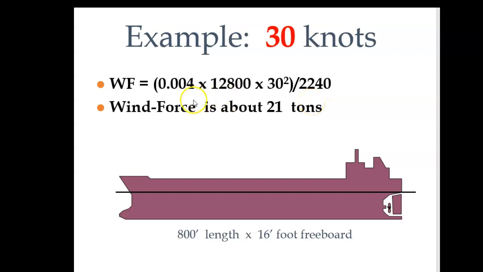All right, that means if we've got a wind blowing on the port side of this ship, hitting the area above the waterline, that wind generates 21 tons of force. Okay, this is the aha moment. The Pentagoet, you, captain, on the Pentagoet, are screwed.